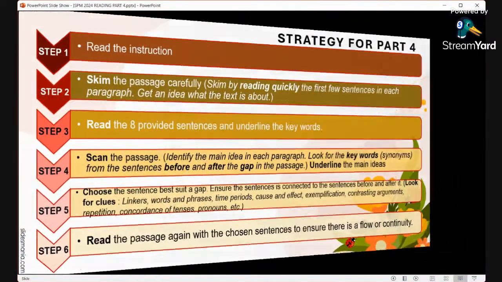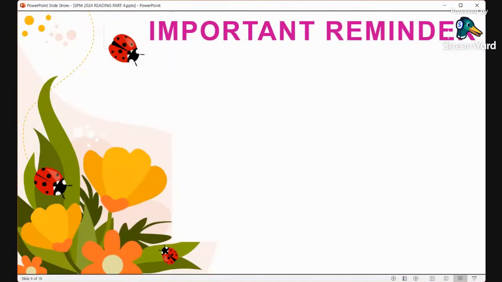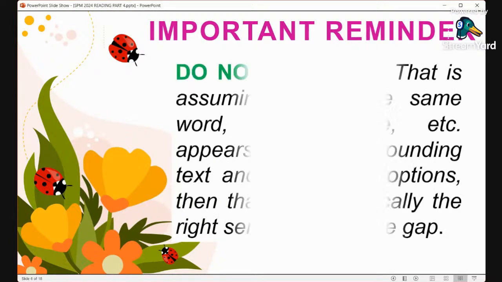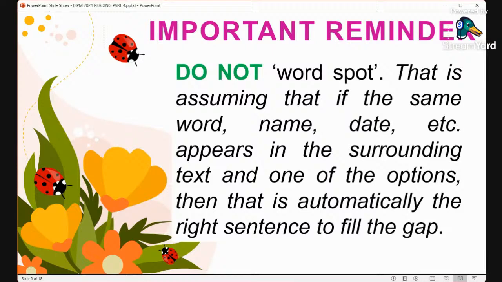Just a reminder, because this is what happened, especially with weak students, or not weak students, developing students who are struggling with the language. Please do not word spot, meaning that just because there is a word in the text that appears in one of the 8 sentences, you say that is the answer.